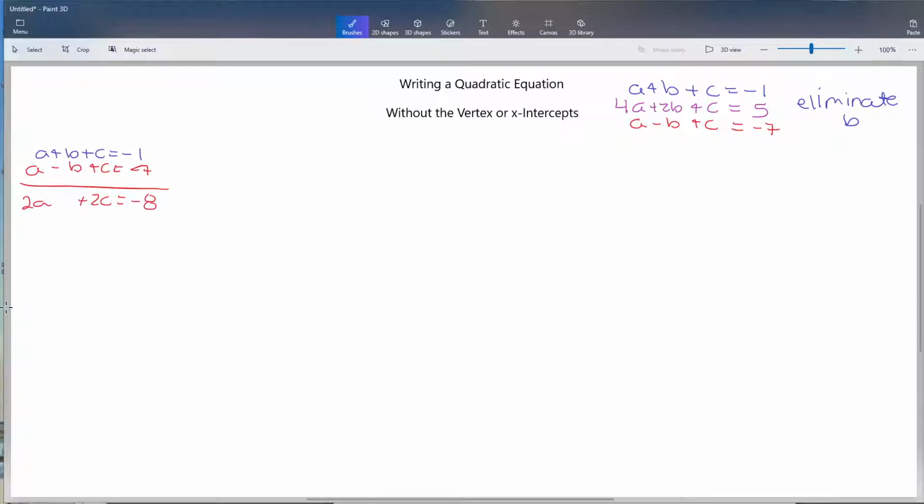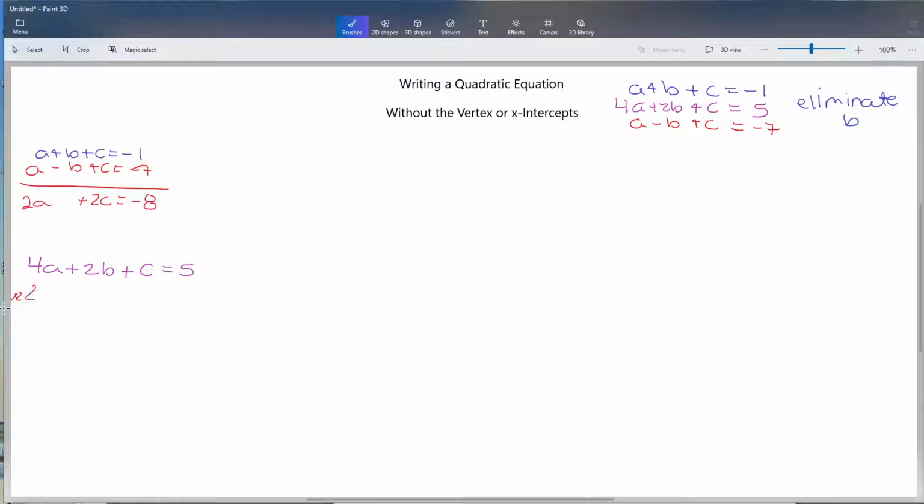So I'm just going to copy my second equation, which is 4a plus 2b plus c equals 5, okay? And then I'm going to take my last equation and I'm going to multiply it by 2, okay?